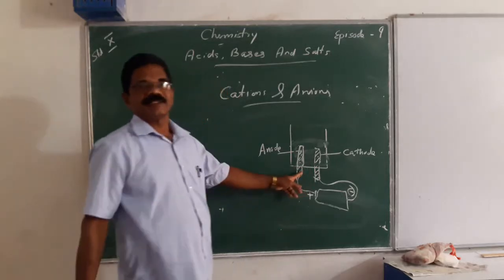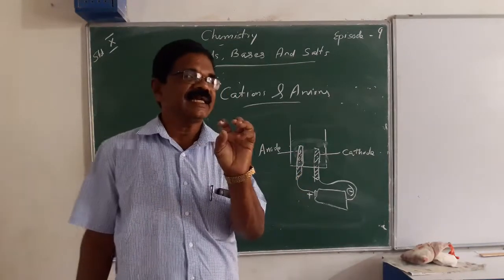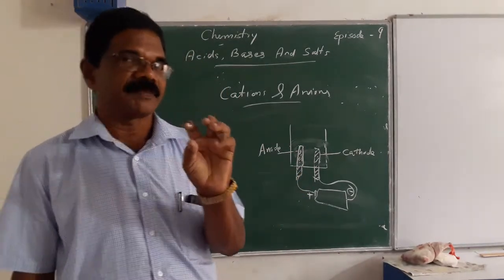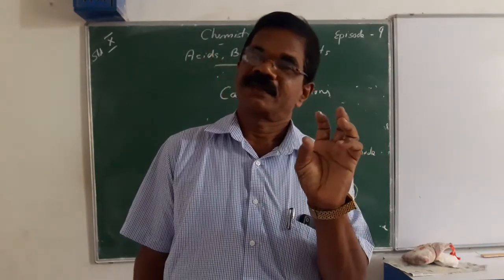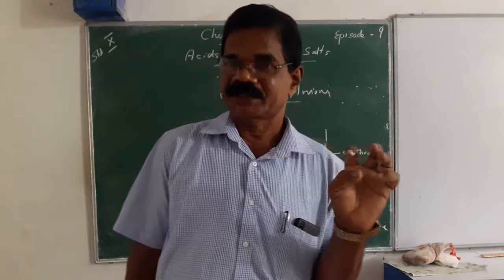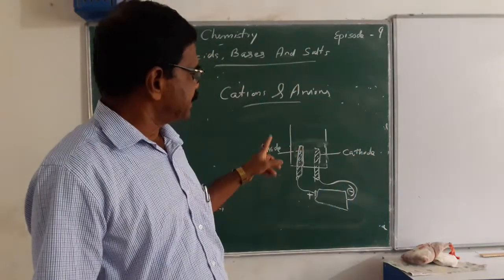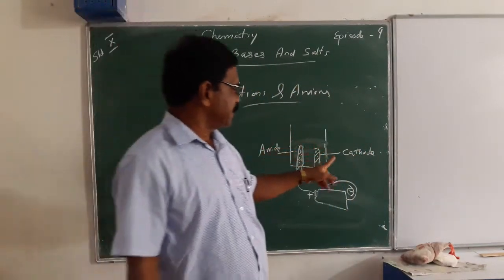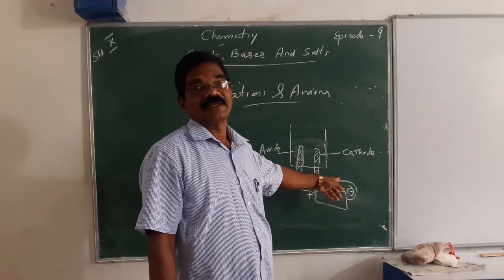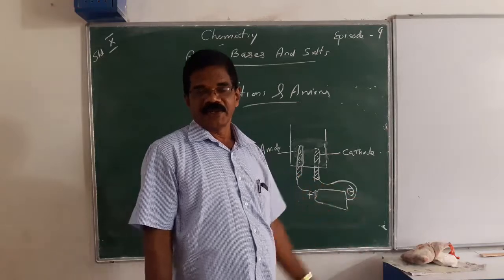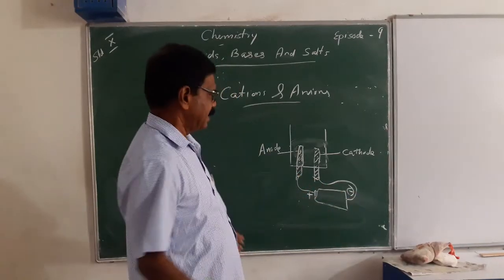Anode is the electrode connected to the positive pole of the cell, or anode is the positive electrode. Cathode is the electrode connected to the negative pole of the cell. Do you know the symbol of a cell?